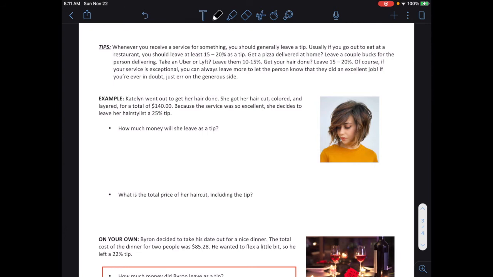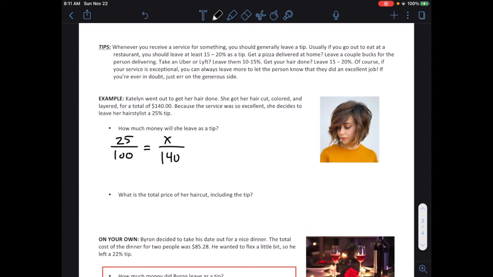So we just want to focus on the tip part, and we're going to do the exact same thing that we've been doing. The percent over 100 is over of, so we're going to say 25% over 100. And remember, we're always finding the is, so our x is going to be in the top of that fraction always. And the total is 140, so we're going to put that down on the bottom.